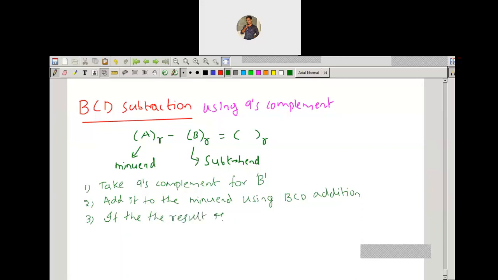Now coming to the third step: if the result is an invalid BCD, then correct it by adding 6.